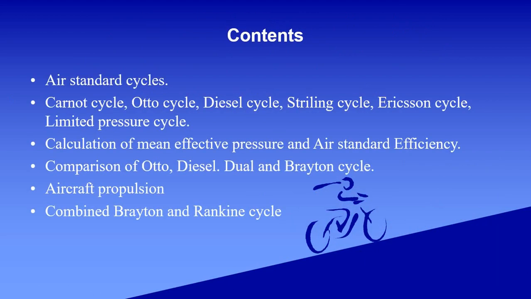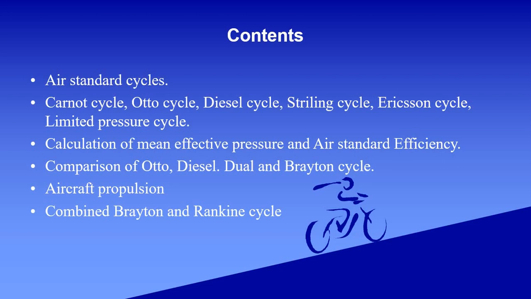Unit 1 is gas power cycles. The contents for this unit are gas standard cycles, the Carnot cycle, the Otto cycle, the diesel cycle, and then the Stirling cycle. We will have an introduction to the Stirling cycle, and then the Ericsson cycle and the limited pressure cycle, which is otherwise called the dual combustion cycle, and also the mean effective pressure.